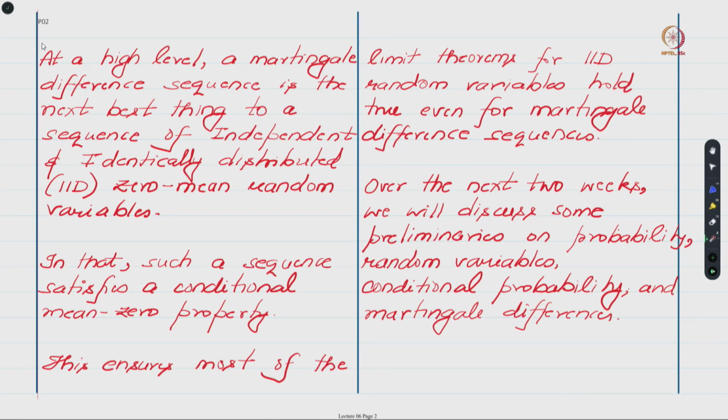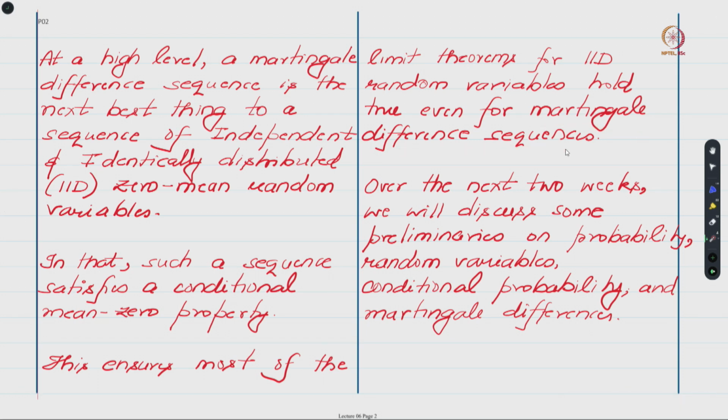Okay. So at a very high level, what is a martingale difference sequence? Well, a martingale difference sequence is the next best thing to a sequence of independent and identically distributed zero mean random variables, right. You will see that this martingale difference sequence satisfies some conditional zero mean property, and because of this, most of the limit theorems that you must have studied during your undergrad or previous probability courses, such as the law of large numbers, carry over to martingale difference sequences as well, right.